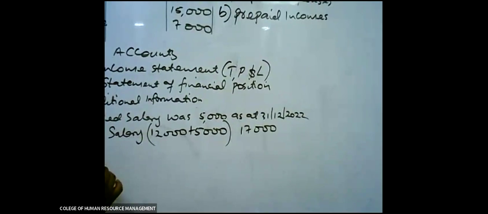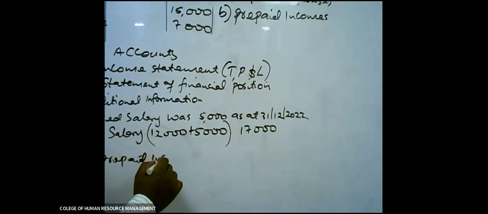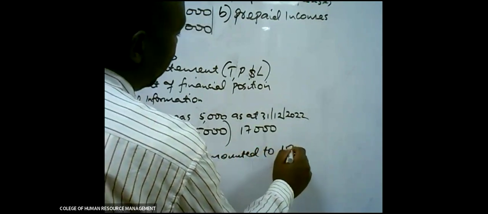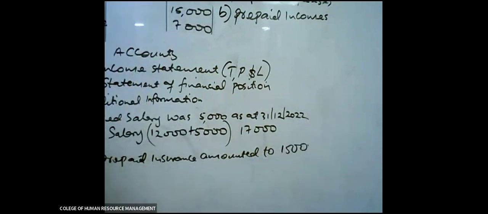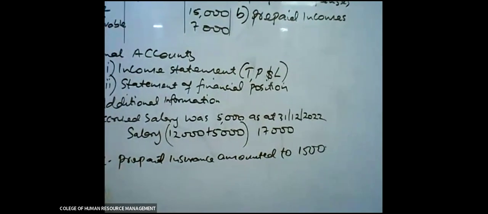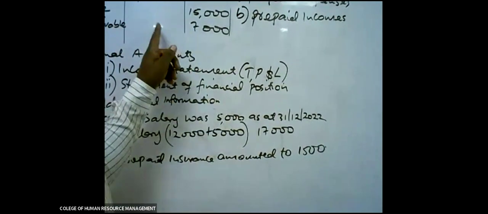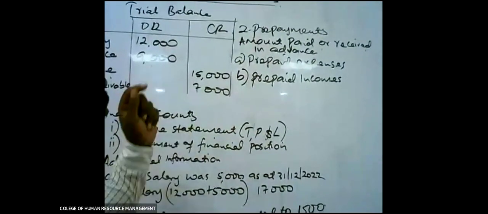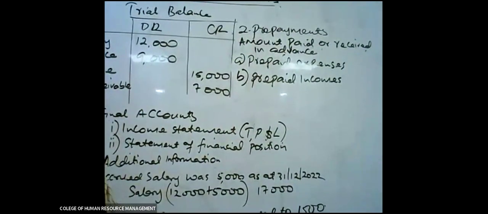The additional information says that prepaid insurance amounted to 1,500 from this balance. So what are we supposed to do? Remember, what we received was 9,000 from insurance, but we have been told 1,500 is a prepayment.